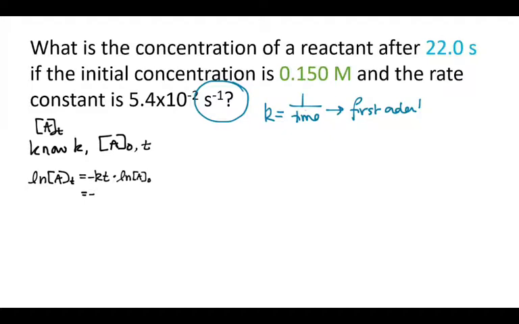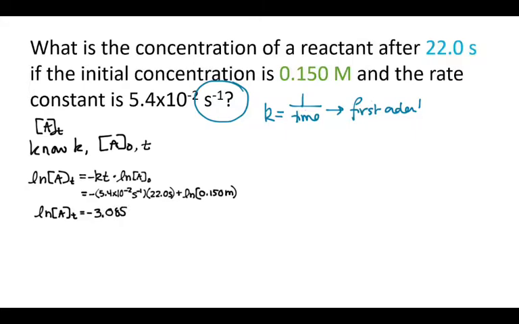So we'll put in the value of the rate constant, 5.4 times 10 to the negative 2 inverse seconds, and multiply that by the time, 22 seconds, and we see that our time units match, so we don't need to do anything else there, plus the natural log of the initial concentration, 0.150 molar. All right, so if we solve that, we get that the natural log of the concentration at the time we care about, at 22 seconds, is negative 3.085.